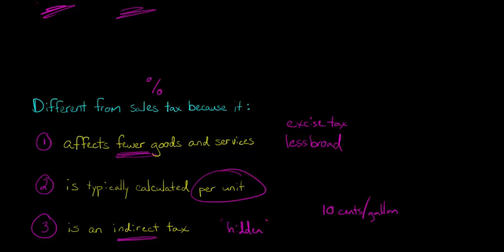You might think, oh, then it doesn't even affect me as a consumer. Well, it does, because the manufacturer is going to pass that tax on to you as the consumer. And how do they do that? They're just going to charge you an extra 10 cents a gallon when you purchase your fuel.